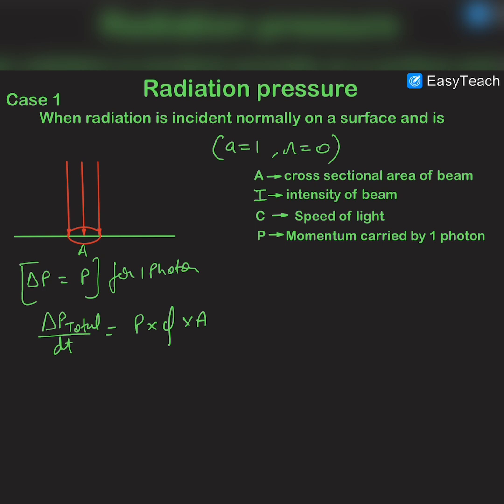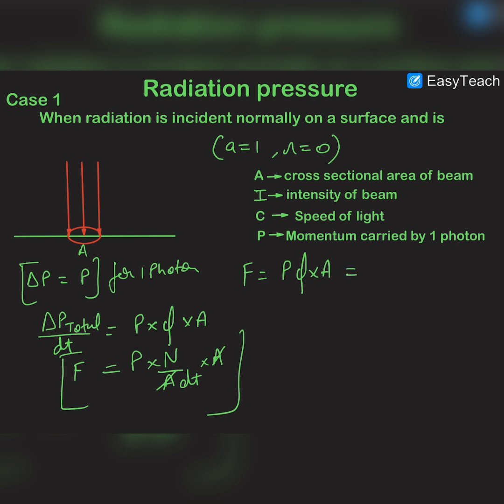The photon flux is the total number of photons per unit area per unit time. So this is the total change in momentum per unit time, which is obviously the force acting on the surface, F. So F will be equal to p phi into A, where phi is the photon flux and p is the momentum of any one photon.